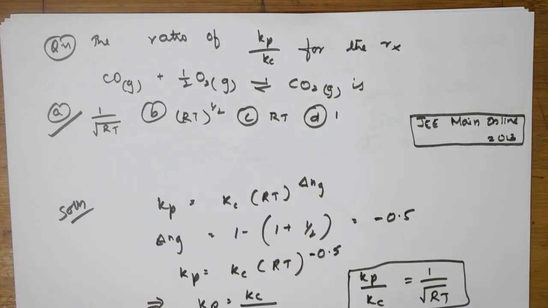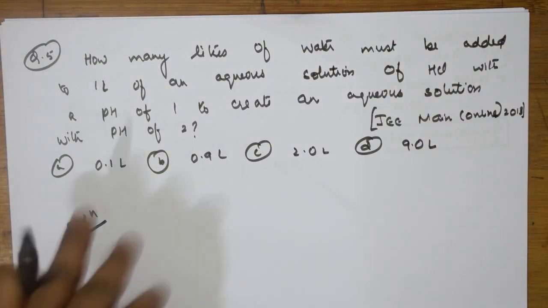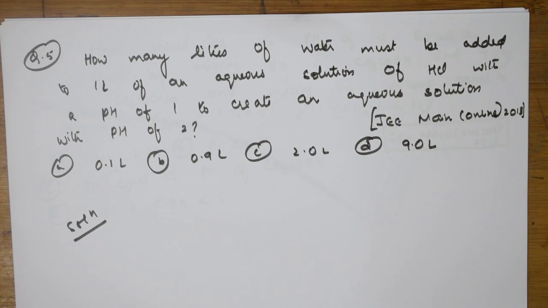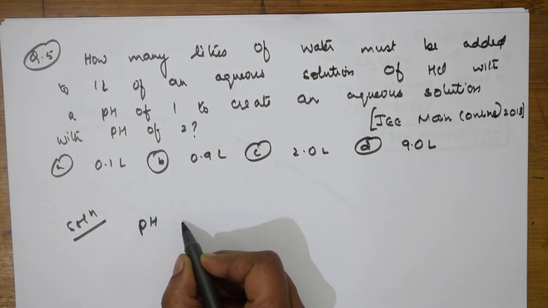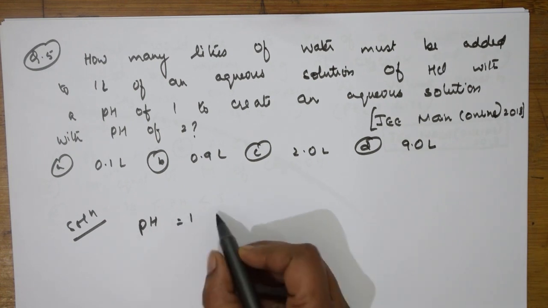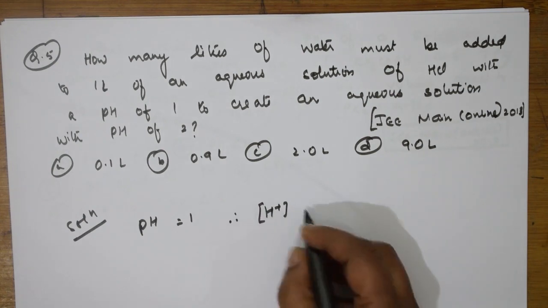That's it. Simple. So in this Ionic Equilibrium question, they've asked us, how many liters of water should be added. Right, I can start this equation. First, pH1 is given to me, pH2 is given to me. So let us write this individually. For pH1, pH is equal to 1, right? So how much is the H plus ion concentration for pH equal to 1?